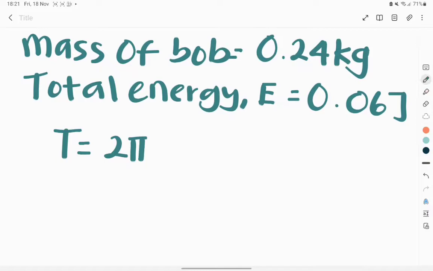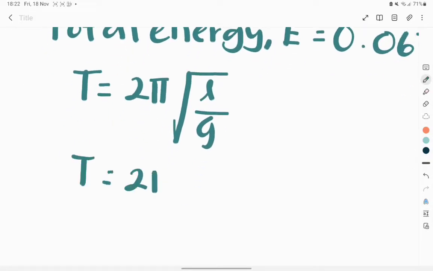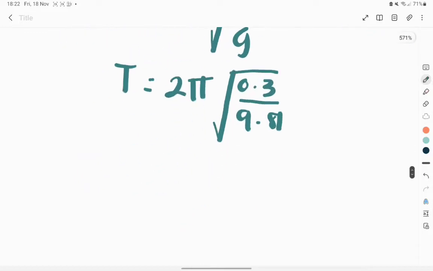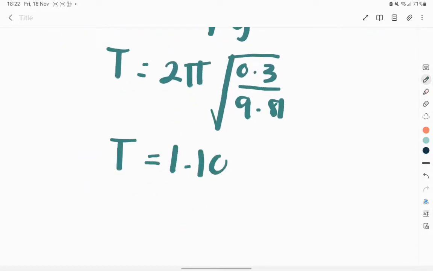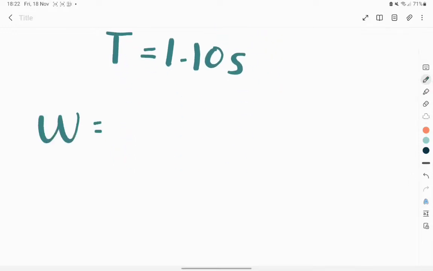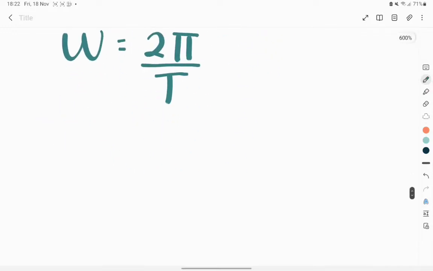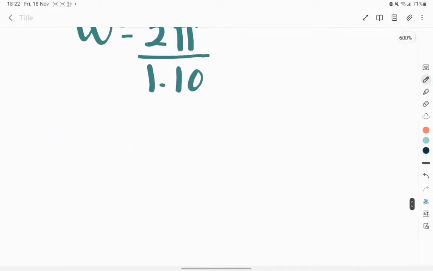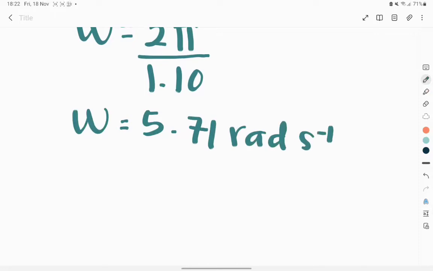To find period, use this kind of formula and substitute the value given from the question. You will get period is 1.10 second. This is the formula to find omega, and substitute the value of period. You will get omega is 5.71 radian per second.